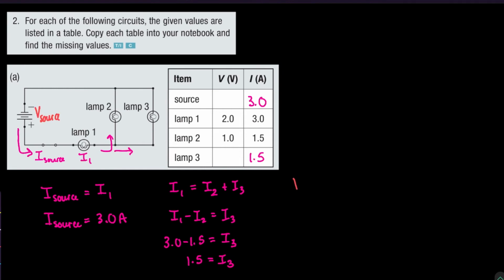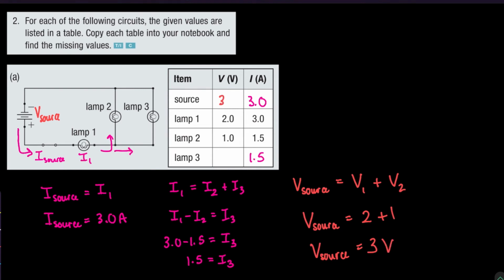So this means that the voltage at the source has to be equal to the voltage at the first lamp plus the voltage at the second lamp. And if we look at this, we're given the values of V1 and V2. So the voltage at the source has to be 3 volts.